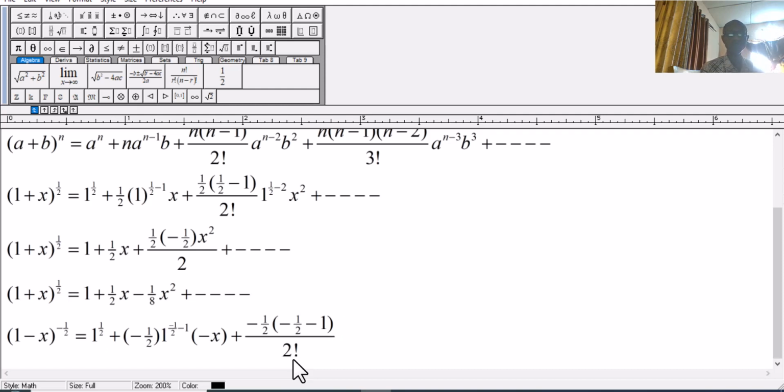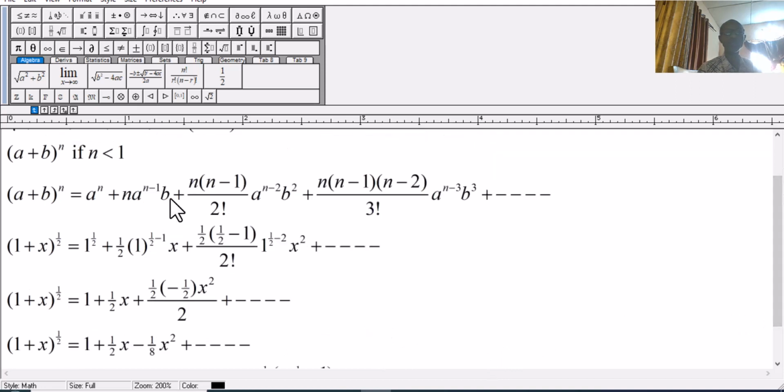I won't rush, so let's just write it. 1 raised to the power of minus half minus 2, then minus x whole squared. So this will be the pattern of what we are having.